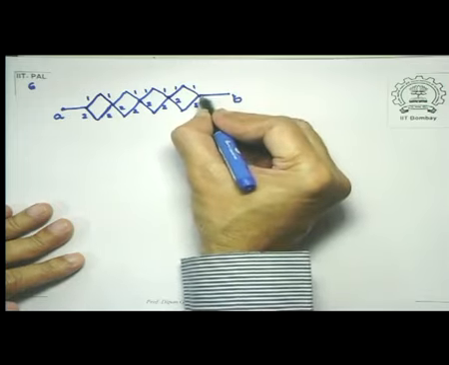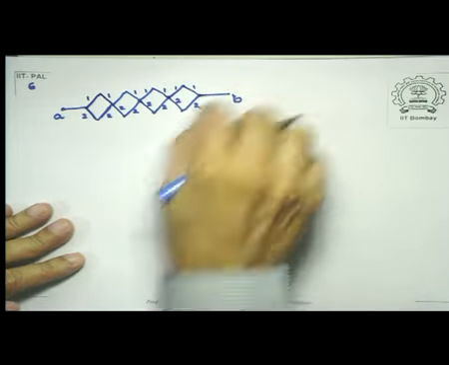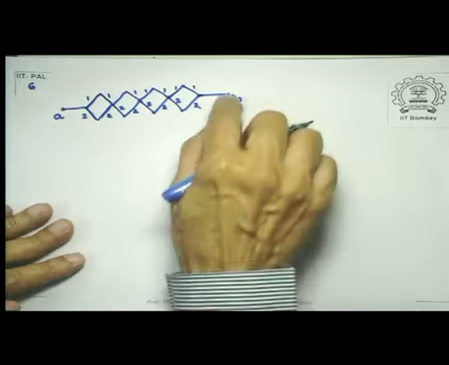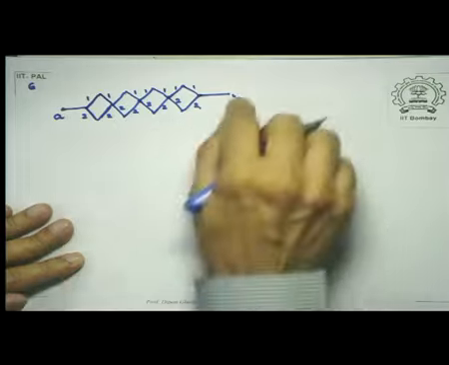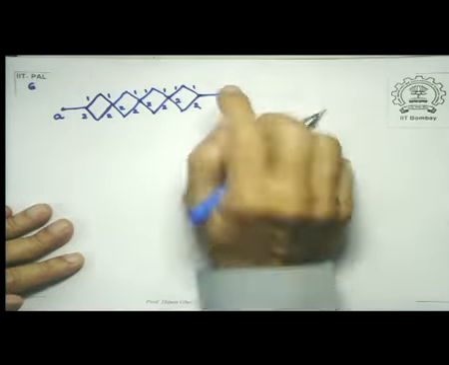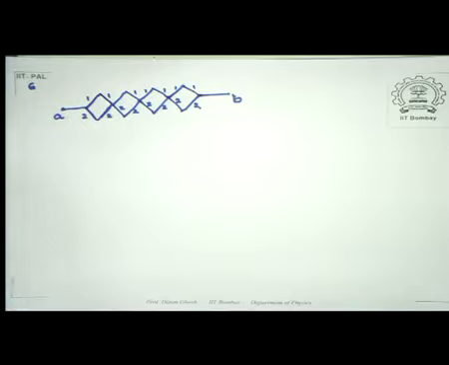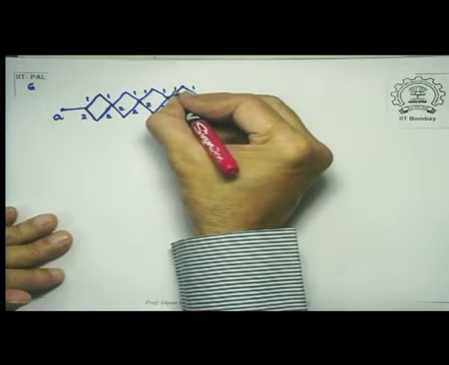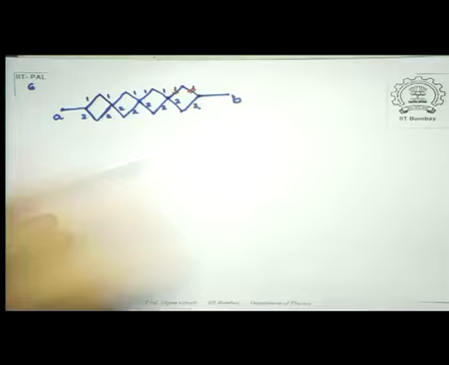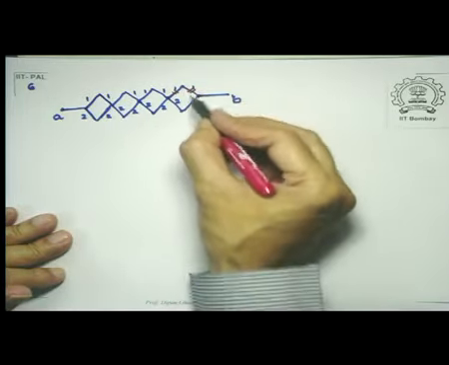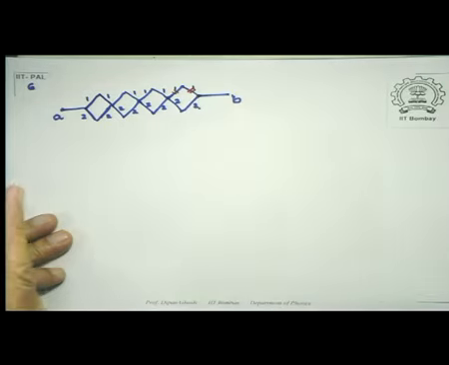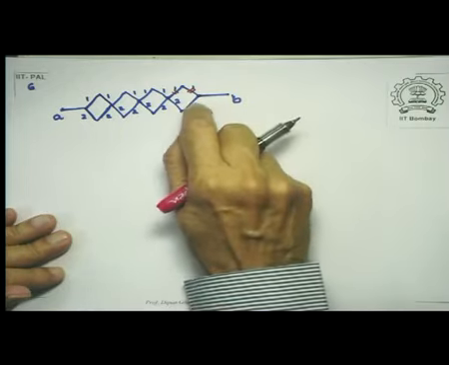Remember that the connection to the circuit, which means connection to external battery or whatever is the source of EMF, is between A and B. So if I look at this section and this section, this is in series, because whatever current comes through this, that must come back through this. So 1 and 1 are in series. Similarly, 2 and 2 are in series.